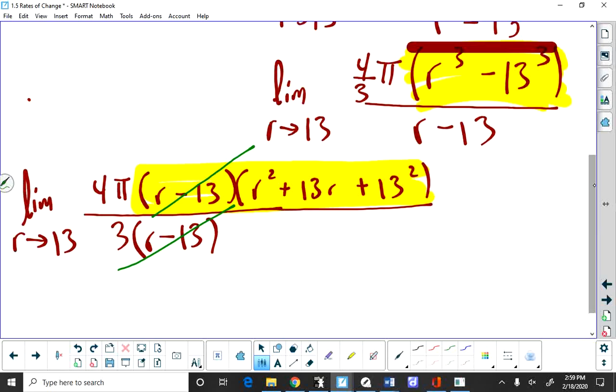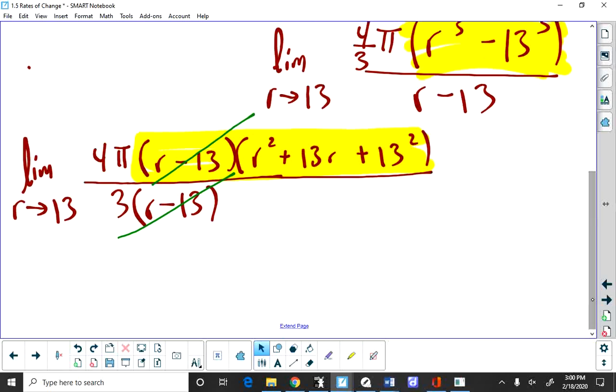Now can we put 13 in? Sure. We get 4 pi on the top. I don't know if you've noticed this: when this happens with differences or sums of cubes, the trinomial is always 3 equal pieces. It's going to be 13 squared plus 13 squared plus 13 squared. So what do I have?